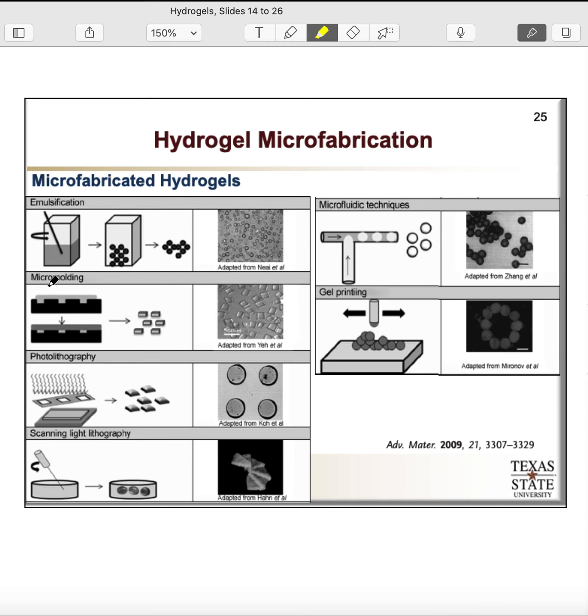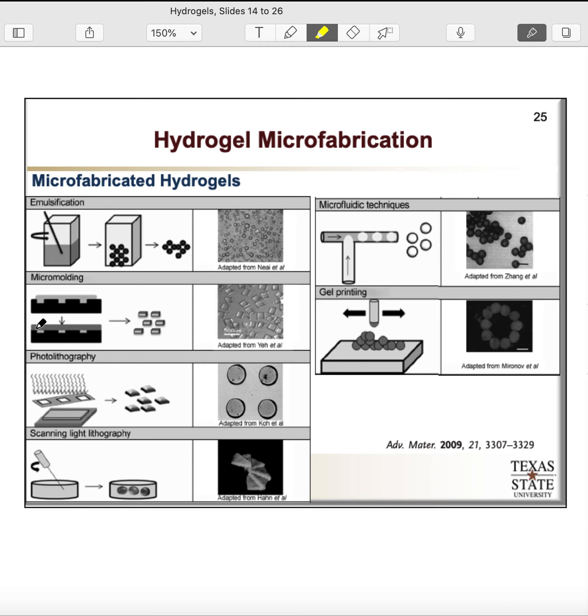Another method is micromolding, where basically we have initially a patterned surface onto which we apply a pre-polymer, meaning a solution of your monomers or a solution of polymers that have not yet been cross-linked.